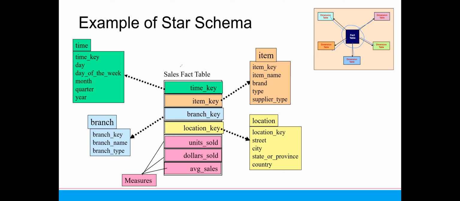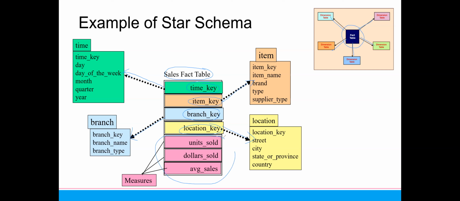So you can see this is a sales fact table, and you want to consider only the time key, item key, branch key, location key. And the dimension tables contain the time, the item, the brands, the location.